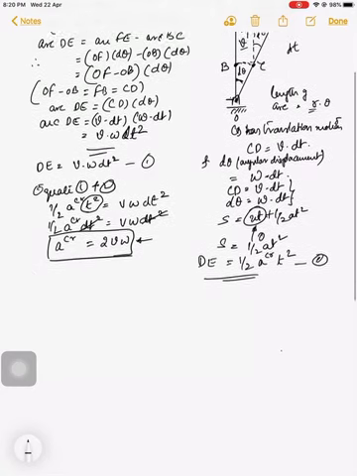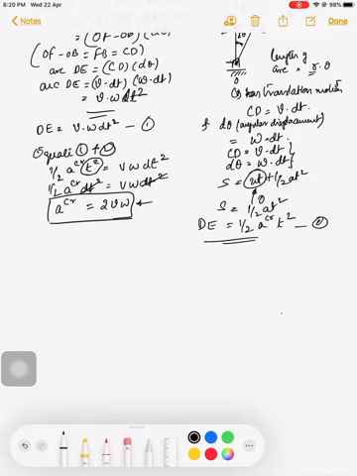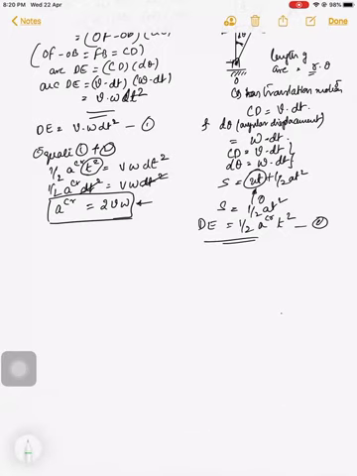Now we will see the directions, how exactly the directions we can have. Directions of the Coriolis component.